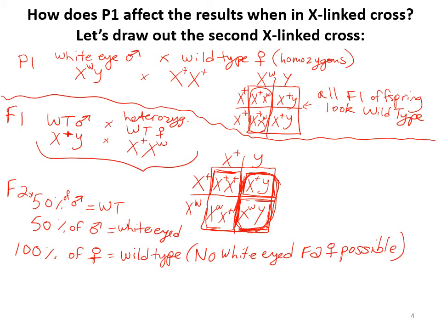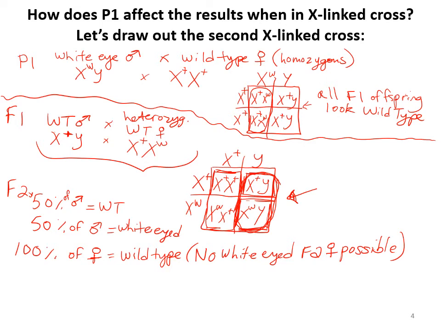We can look at all 4 of the squares in this F2 set of possible offspring, and instead of saying what percentage of the males are wild type or what percentage of the females are white-eyed, I can say what percentage of the F2 is white-eyed.